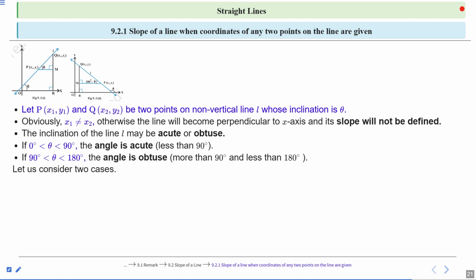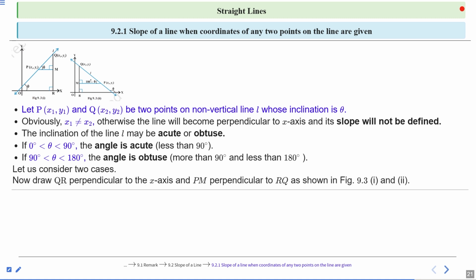Now let us consider two cases. First of all, we draw QR, a line perpendicular to the x-axis, and PM perpendicular to QR, as shown in figure 9.31 and figure 9.32.